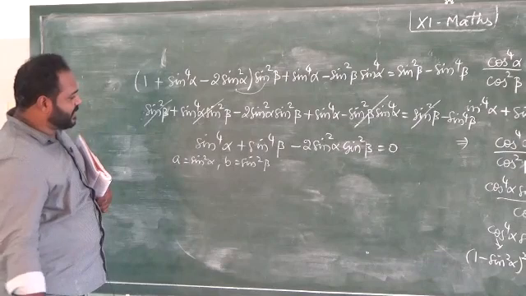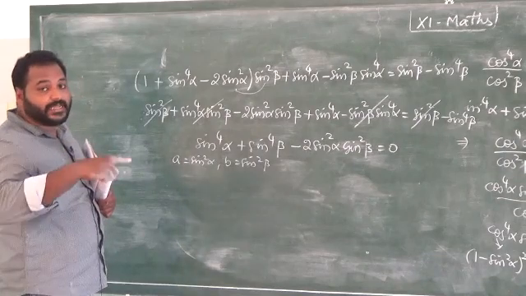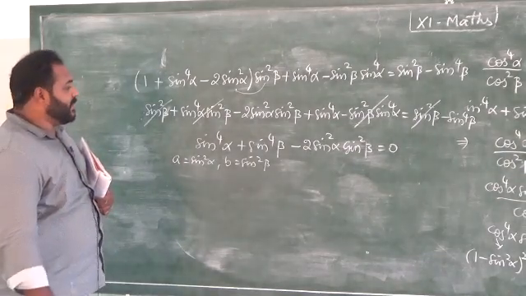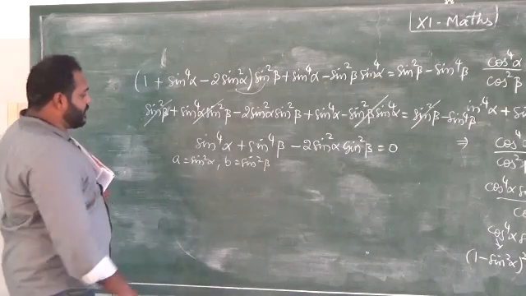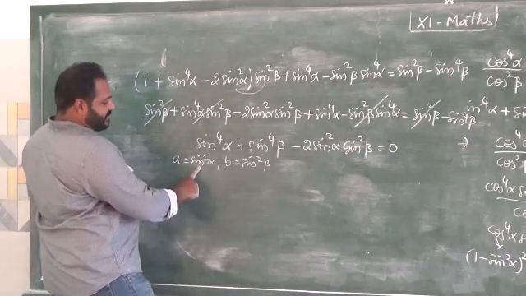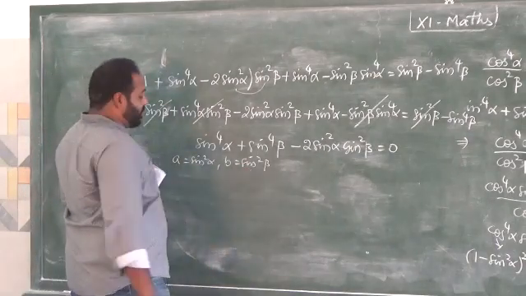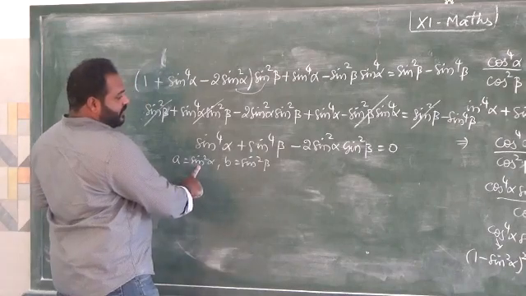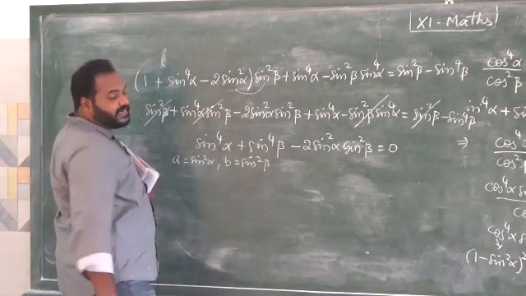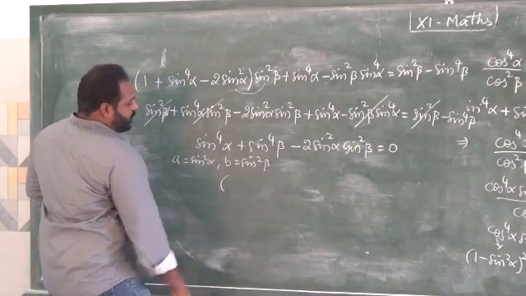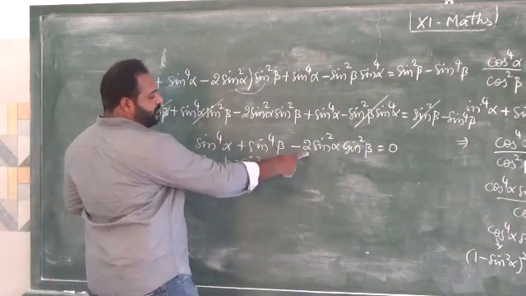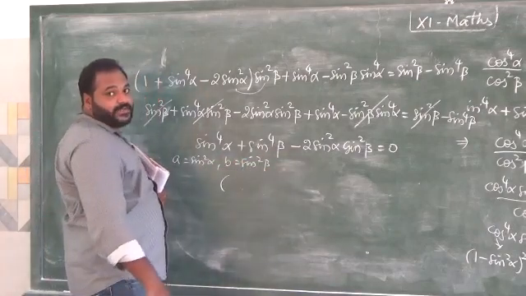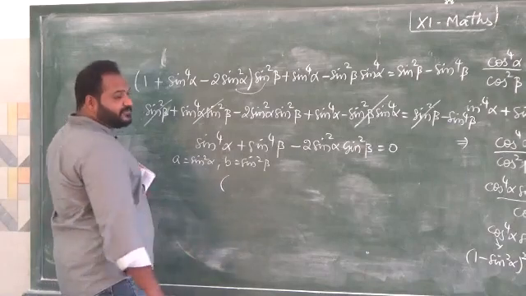So if you consider like this, we can use the algebraic formula a minus b whole square. So here this is a square plus b square minus 2ab. Expansion is there. So left hand side formula is a minus b whole square.